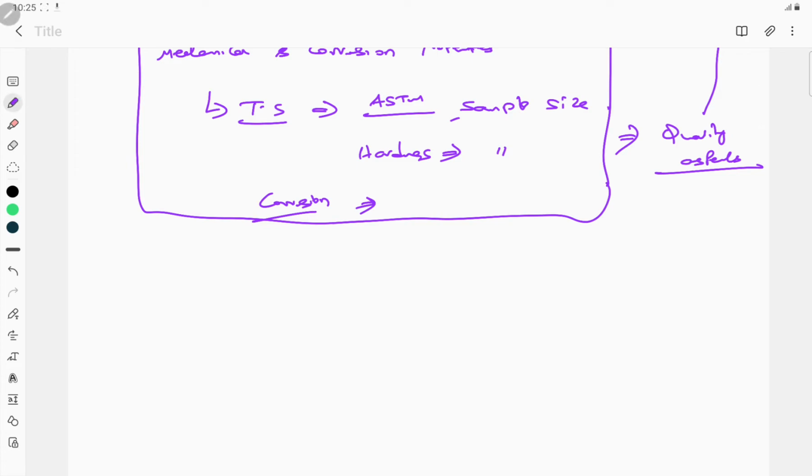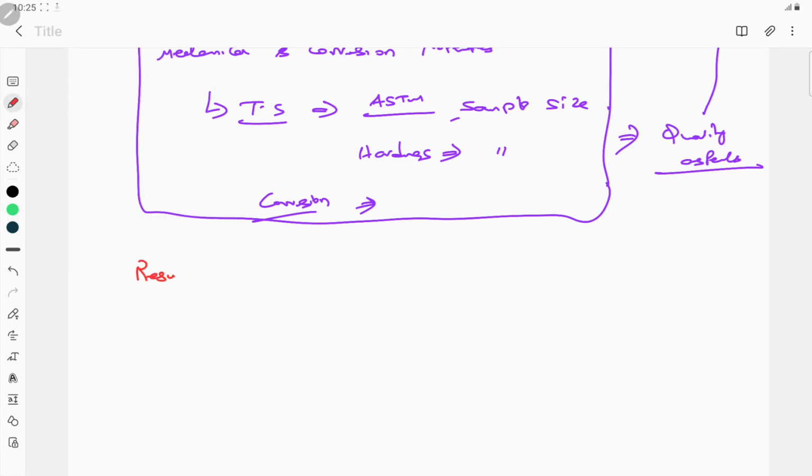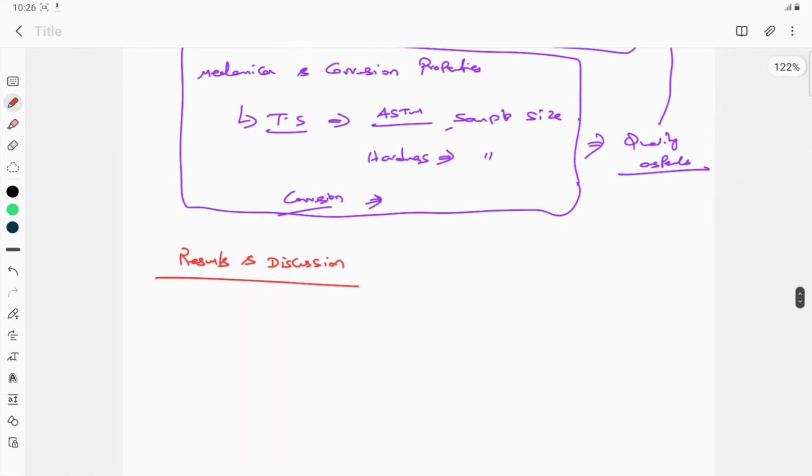Followed by that, we'll be having results and discussion. So what are the results you have got through this welding trial? For example, in this materials and methods portion itself, they have mentioned they have done tensile test, hardness and corrosion.